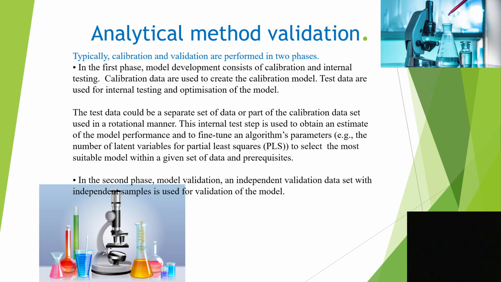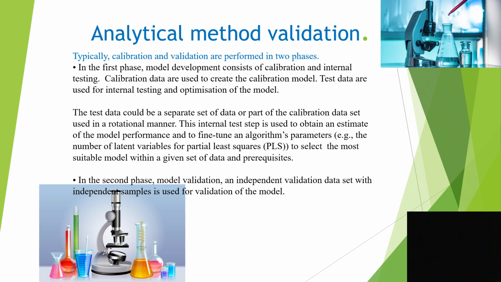The test data could be a separate set of data or a part of the calibration data set used in a rotational manner. This internal test setup is used to obtain an estimate of the model performance and to fine tune the algorithm's parameters. It means there are certain results coming which can be considered in the algorithm.